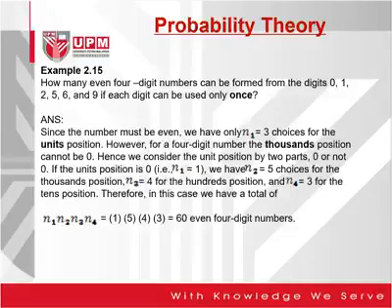Since the number must be even, we only have 3 choices for the unit position, because we only have 0, 2, and 6. However, for 4-digit numbers, the thousand position cannot be 0. Hence we consider the unit position in 2 parts, 0 or not 0. So we have to consider 2 cases.